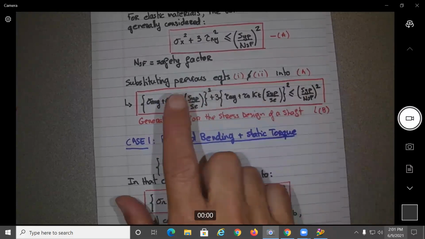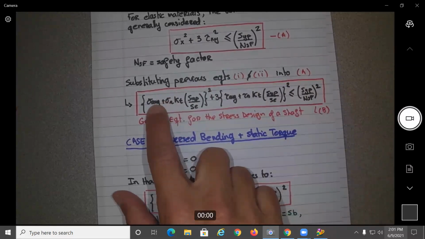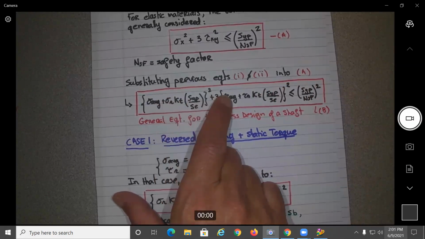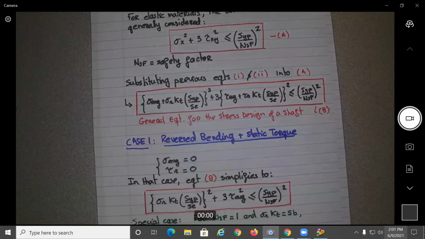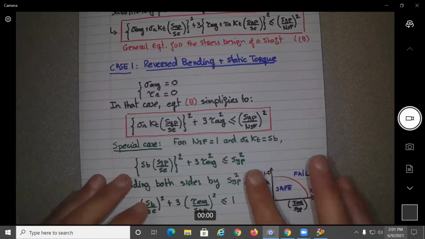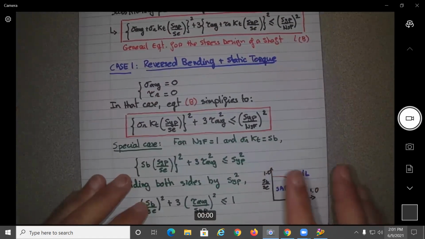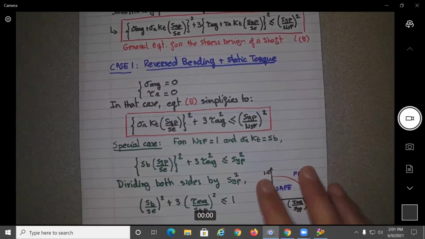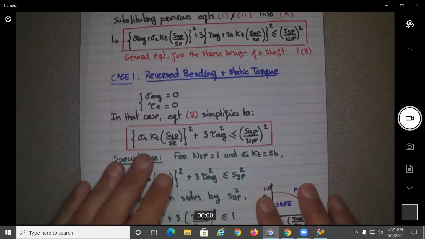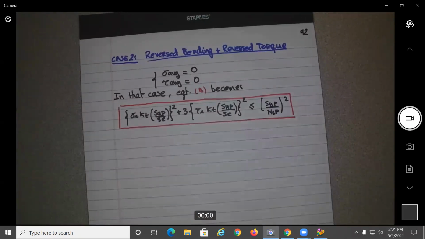You could have this one not being equal to 0, but this one being equal to 0. Okay, you have different combinations, but the equation is always the same. And no matter what, after the calculation, you might end up with one of these curves over here. So let's start working on a problem. I don't know if we will have time to finish it, but let's just work on it.